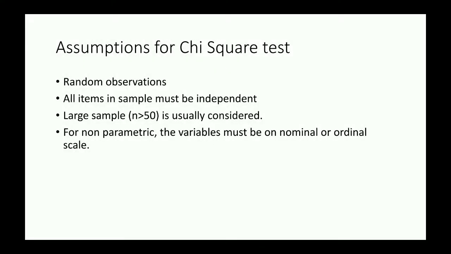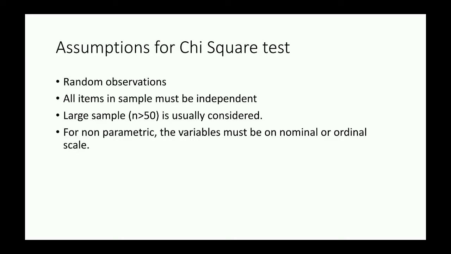The assumptions: random observation should be there, so the data has to be collected randomly. All items in the sample must be independent. The sample units should be independent from each other; no sample unit should be dependent upon another sample unit.